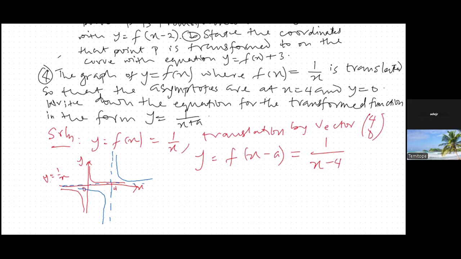Is that clear? So to now write the equation, you write it as 1 over x minus 4. Does that make sense to you? So that's why it's important to know how to sketch. And that's why we have discussed sketching before we now talk of translation or transformation in general.